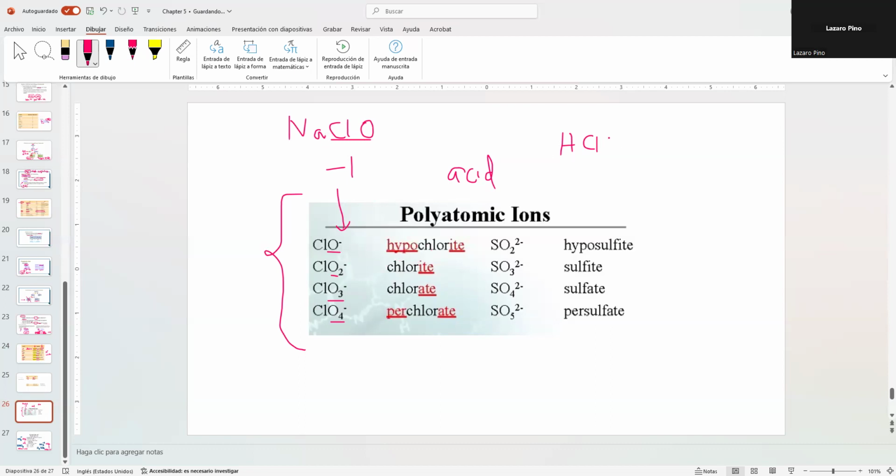But if it is an acid, then you change the ite to ous. Then you say hypochlorous. Chlorous, in this case, chloric or perchloric in these cases. Then the ending ate is always changed in an acid to ic. And the ending ite is always changed in an acid to ous.